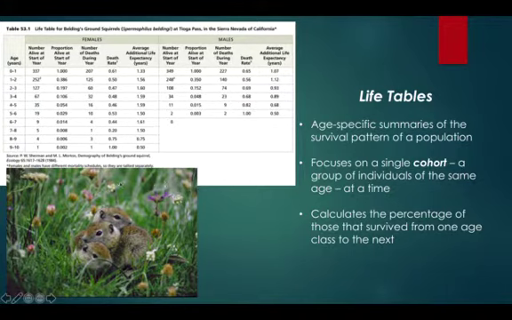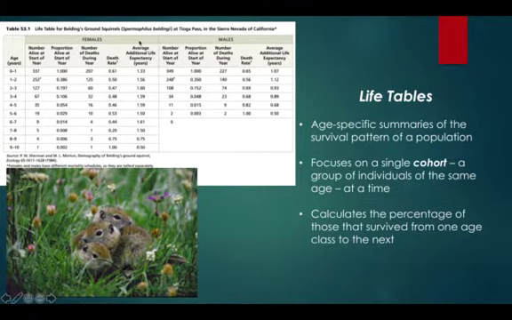And I have some ground squirrels here. This has been heavily studied in Belding's ground squirrels. So if we look at this table, we have age, number alive at the start of the year, proportion alive at the start of the year, number of deaths during the year, death rate, and average additional life expectancy in years.